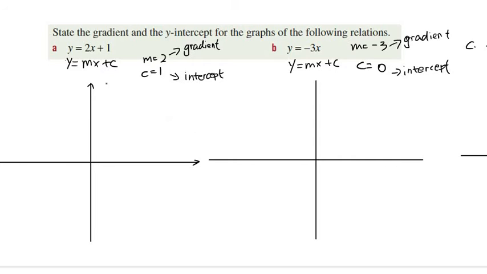So we're going to find 2 points. The first point is really easy to find because we know that the y-intercept is equal to 1, by reading from the linear equation. So that's going to be my first point, equal to 0, 1. My second point is up to me, where I want it to be.